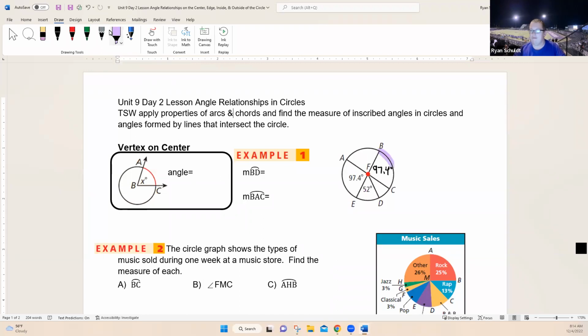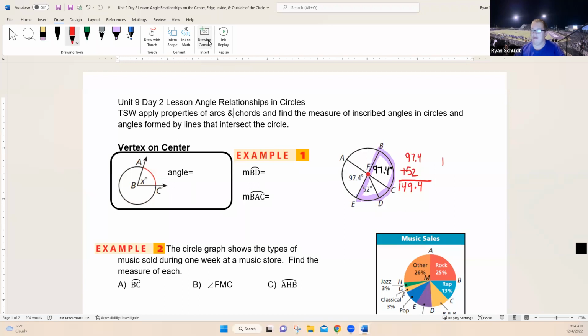Now, I noticed that from B all the way to E, that is a semicircle. So that should add to 180. So I'm going to add the two that I have, 97.4 and 52, which gives 149.4.